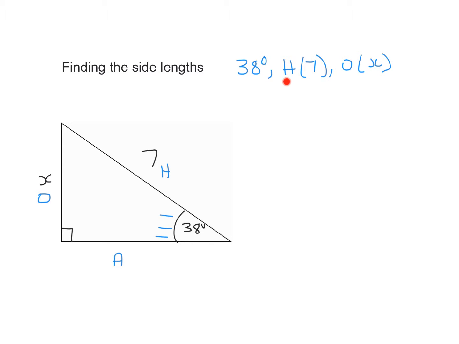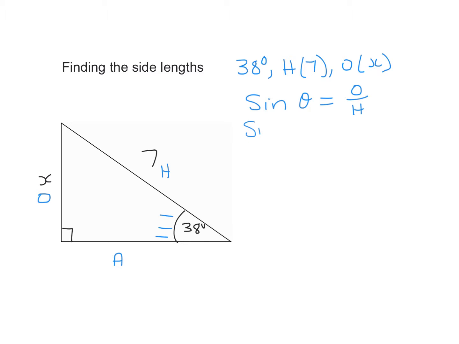So can you now remember a trigonometric ratio that has hypotenuse and opposite in it? And if you remember that it is the sine rule, then you're 100% correct. So sine equals opposite over hypotenuse. So now we fill the information in.